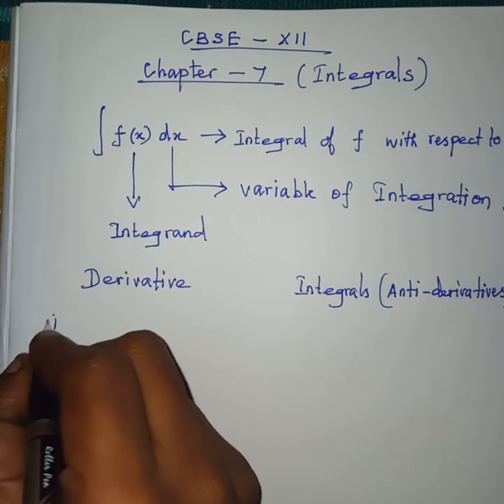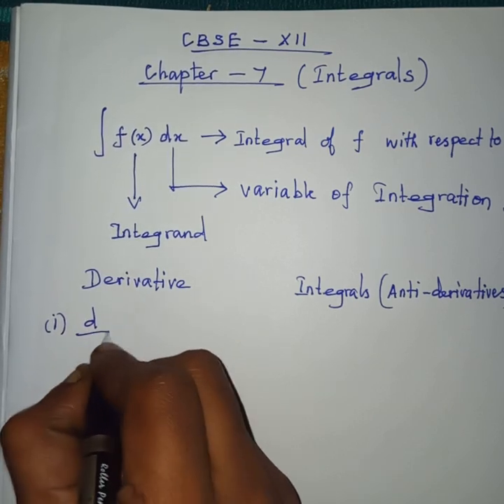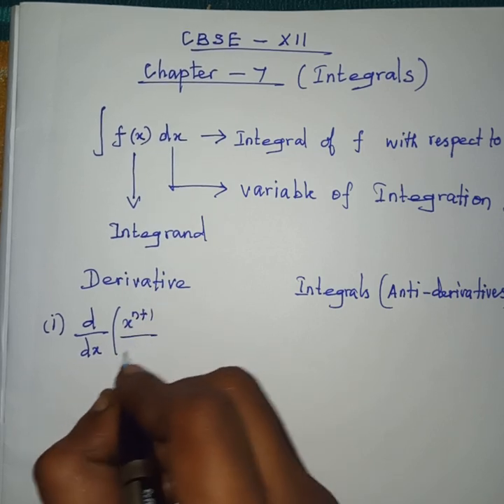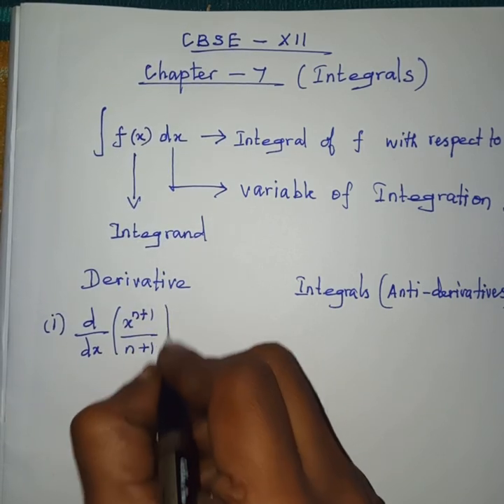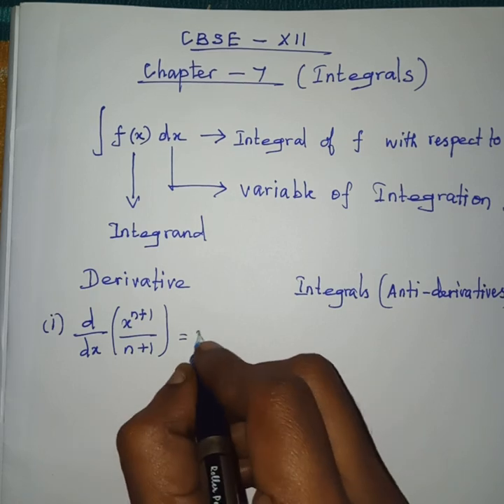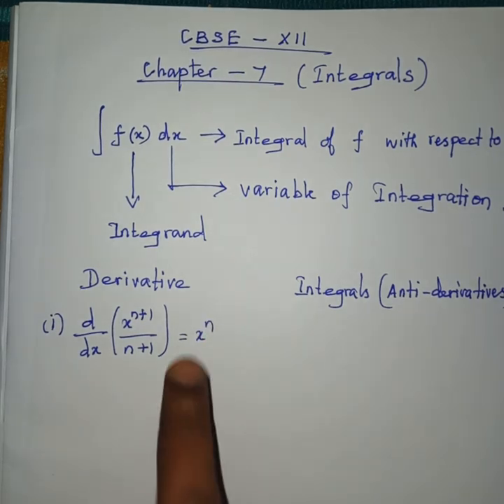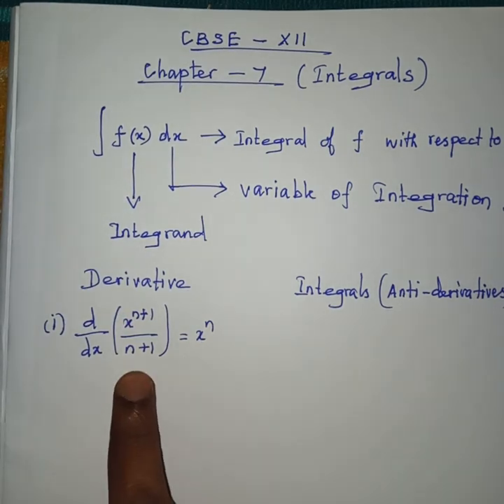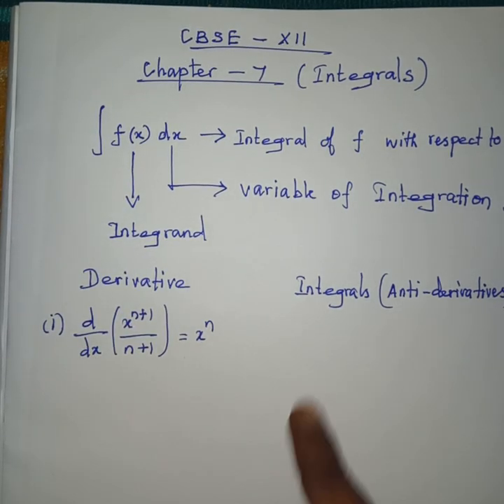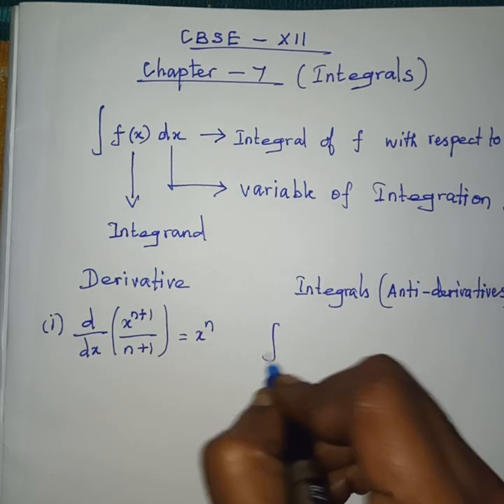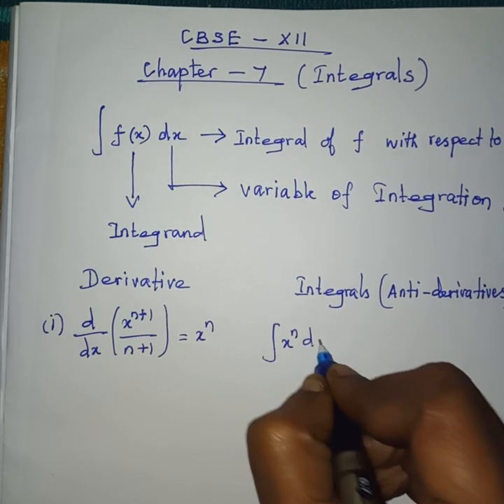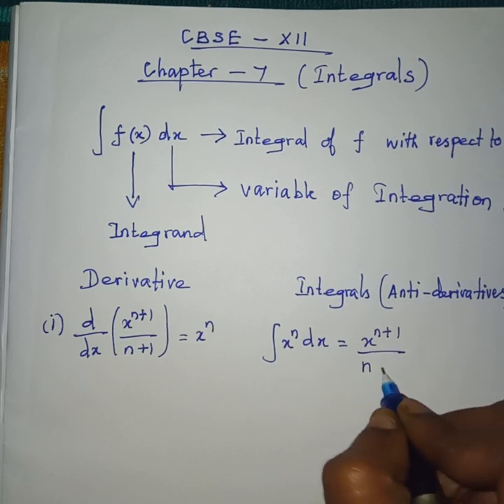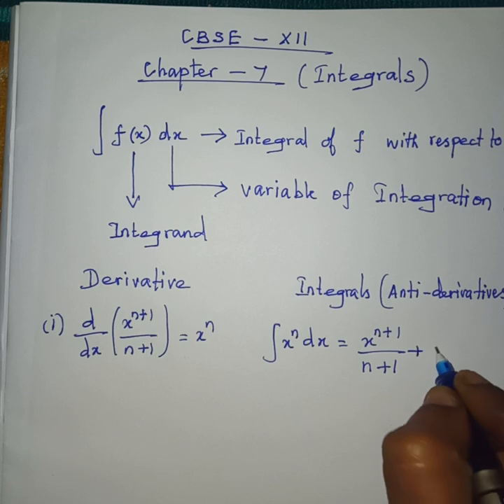The first formula is d by dx of x power n plus 1 by n plus 1, which is nothing but x power n. So from this we get the integral of x power n dx is x power n plus 1 by n plus 1 plus c.